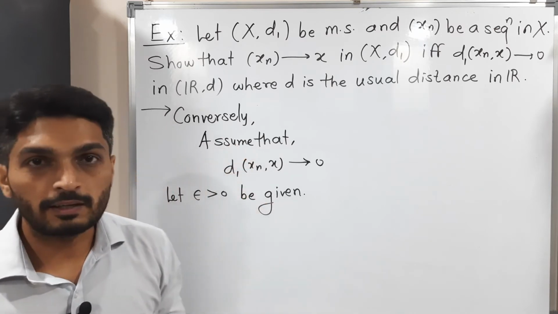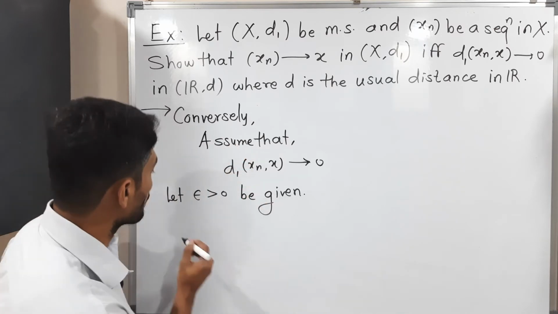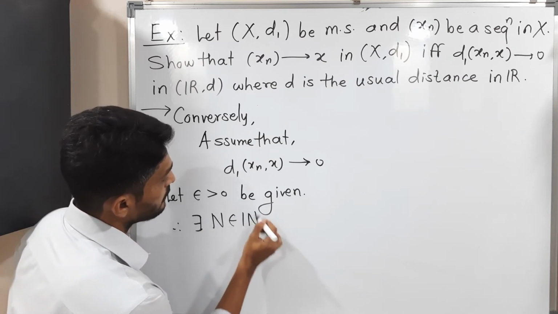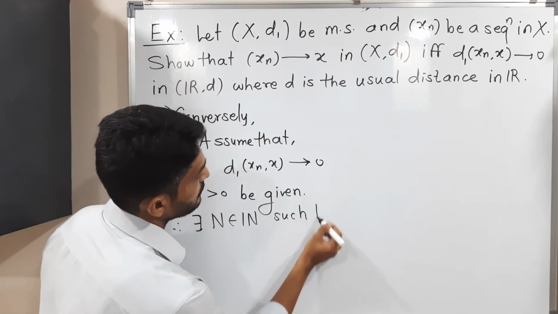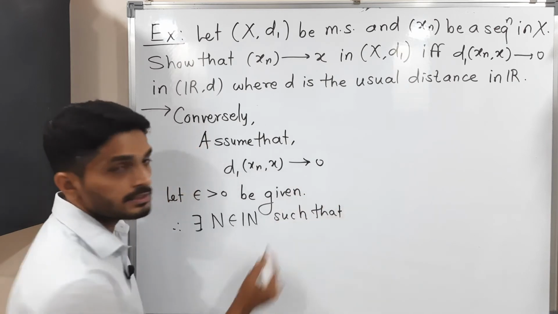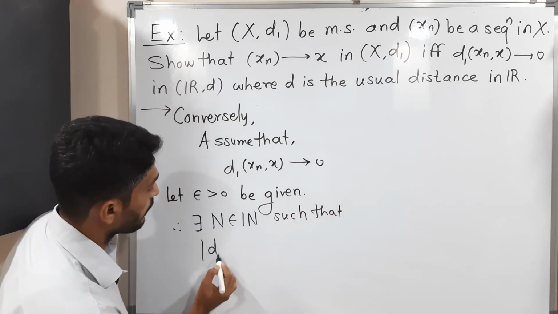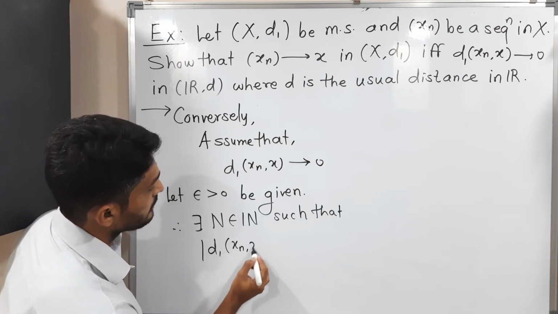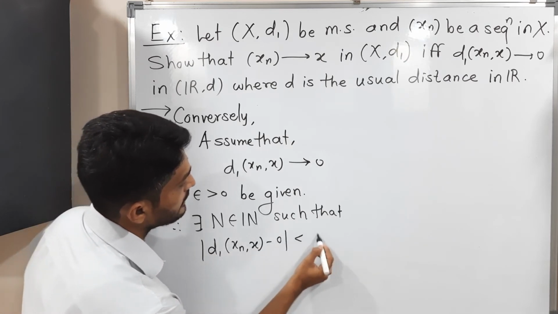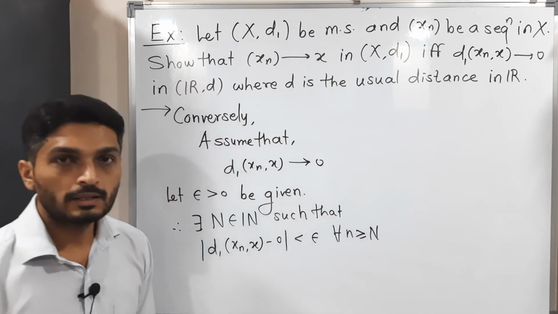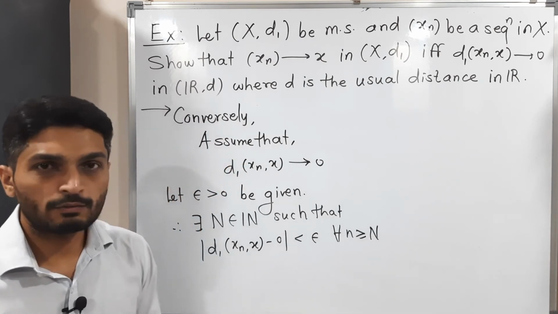Let us use the definition of convergent sequence. So therefore we can write, there exists capital N belongs to the set of natural numbers such that, see, this is a convergent sequence in R with usual distance. So therefore mod D1 of Xn, X minus 0 less than epsilon for all n greater than or equal to capital N. See, if you subtract 0, we will have the same number.